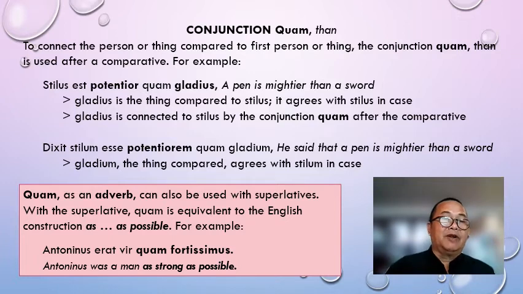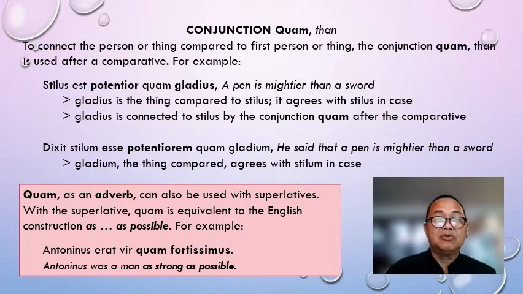And you have the verb in the infinitive. So the verb of an indirect statement is in the infinitive form. In this case, it is the verb esse, and it retains the subject, linking verb, complement adjective basic sentence pattern. That's why potentiorem is in the accusative case.